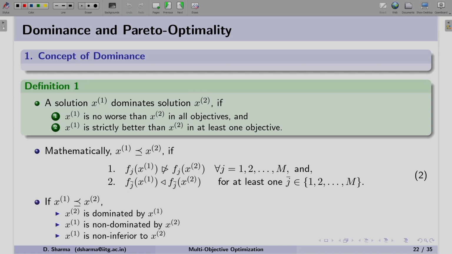So, when we are saying that x1 is dominating x2, this means that x2 is dominated by x1, or we can say x1 is not dominated by x2, or we can say x1 is non-inferior to x2. So, there are different ways we can refer to these two solutions when we are comparing them.